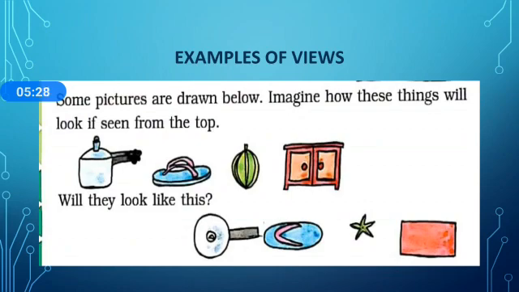When we see these pictures from the top, they will look like the pictures in the second row. We can see that there is a big difference in both of these pictures because of the view.